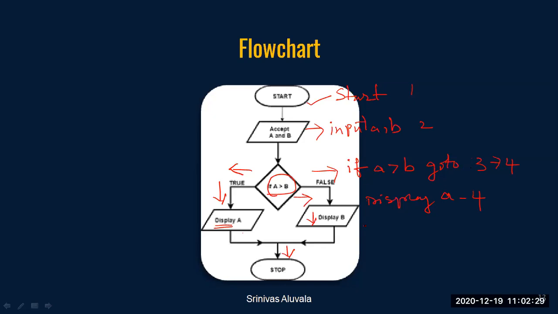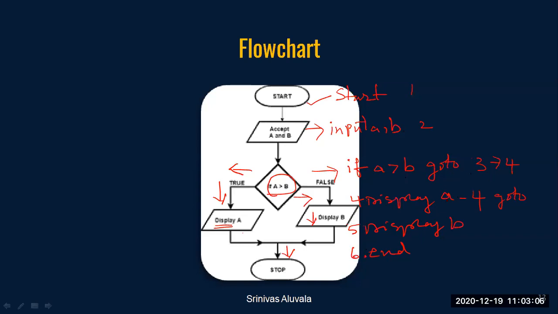Checking that, printing display B. And then after displaying A, I'm shifting the control, go to the last step. What is that? End. Now, step number 1, step number 2, this is step number 3, step number 4 is this, step number 5 is this, and step number 6 is this. Think that now 1, 2, 3, if A is greater than B, go to 4.